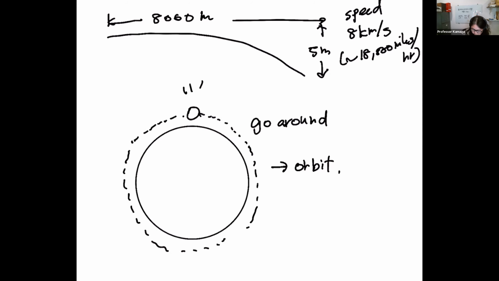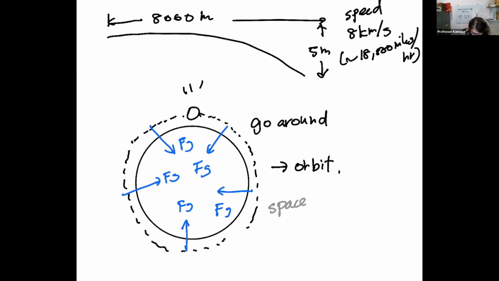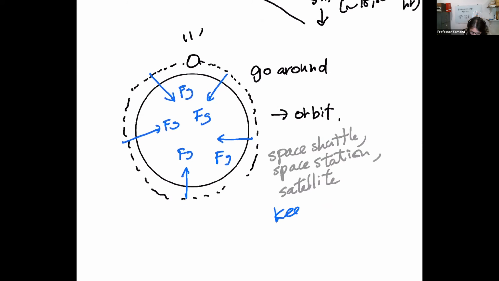You have a gravitational force. Gravitational force is constantly there, Fg, so you can keep falling. Because it matched the Earth's curvature, it goes fast enough that you can keep falling. So what we have seen in a space shuttle, even a space station, satellites, they're in orbit. They keep falling.